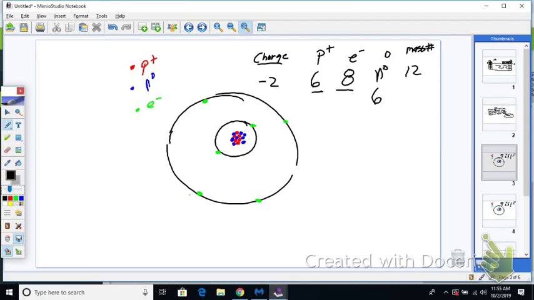Okay. So how is this atom different from the atom before? I should erase all of that stuff up here because it may change. It may not, but it may change.